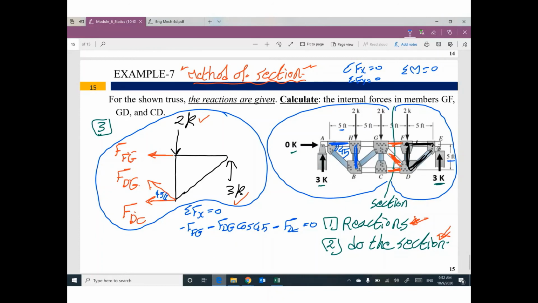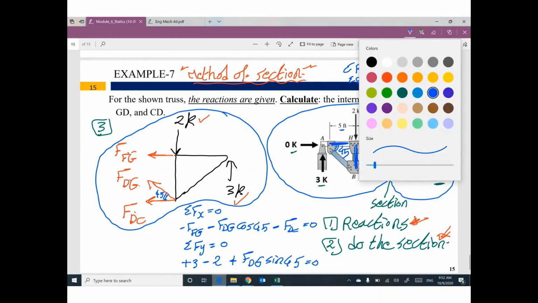Summation Fy equals 0. What do we have in y? We have positive 3, negative 2, and positive FDG sine 45 degrees equals 0. Guys, you should have more experience right now.